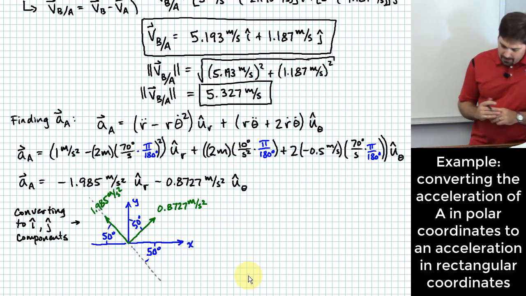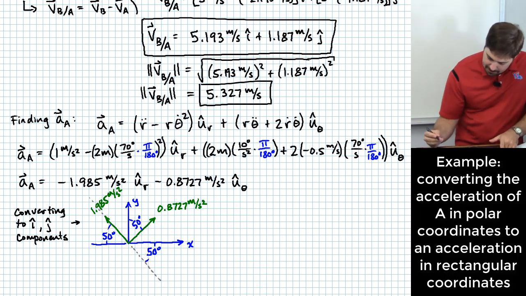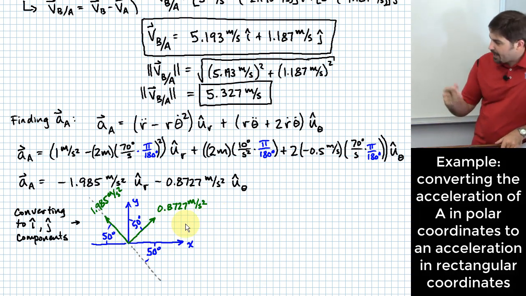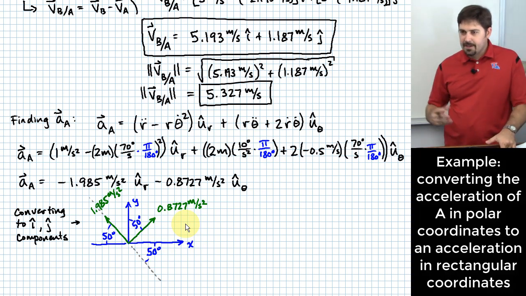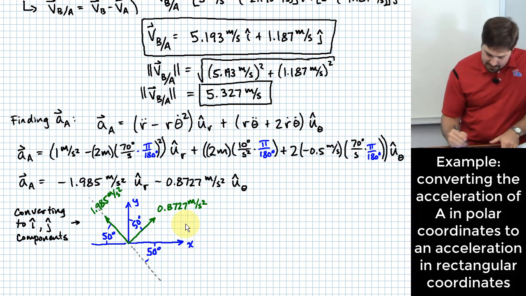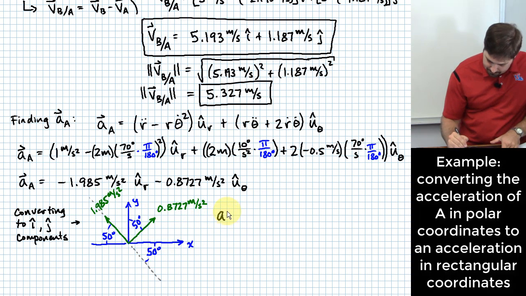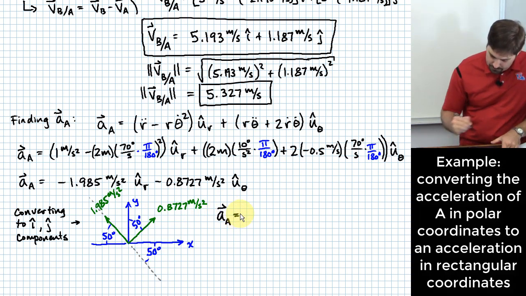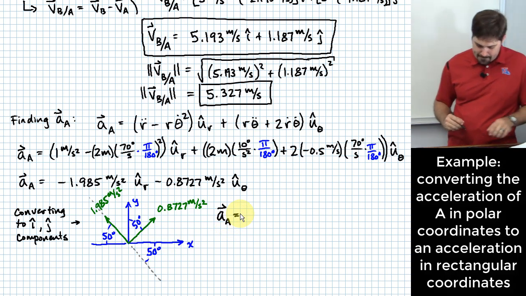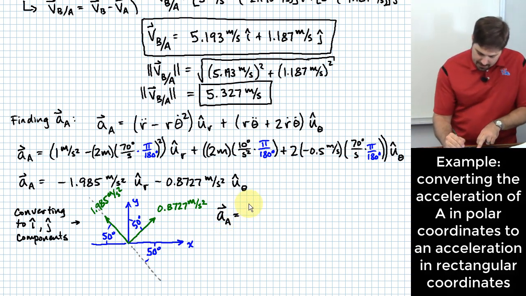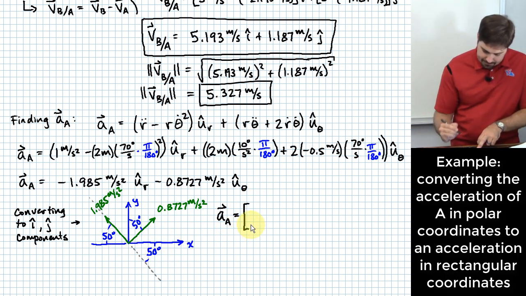Okay, and so now based on these, I can come up with my x and y components, or I guess I and j components, however you want to say it, of this acceleration vector. I'll do it kind of the same way I did last time.